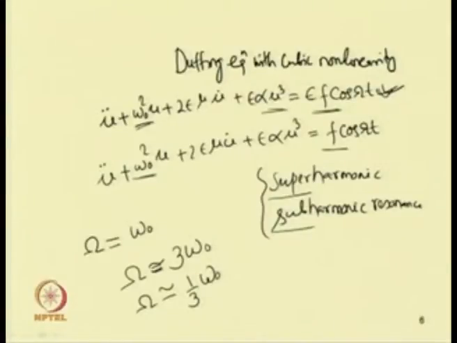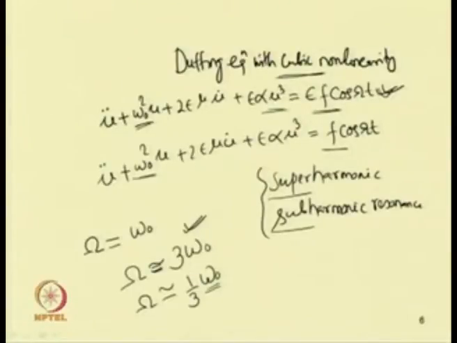In that case the external frequency is 1/3 of the natural frequency; this is the subharmonic resonance case. In the other case the natural frequency is nearly 3 times the external frequency; this is the superharmonic resonance case. So we have studied the resonance conditions for cubic nonlinearity.